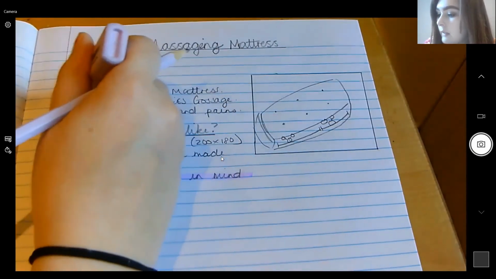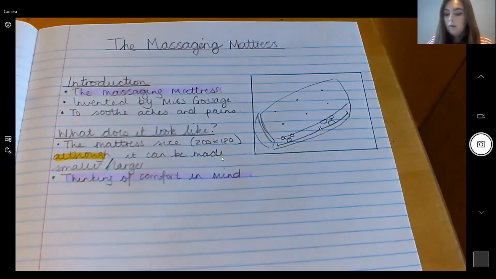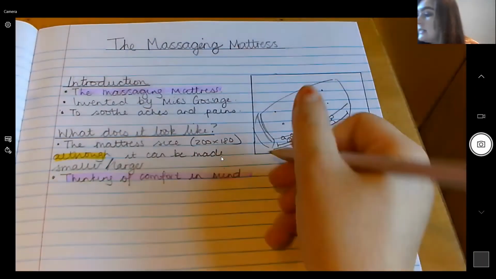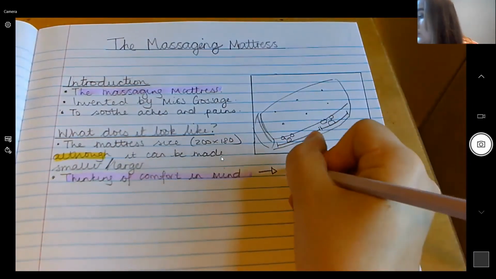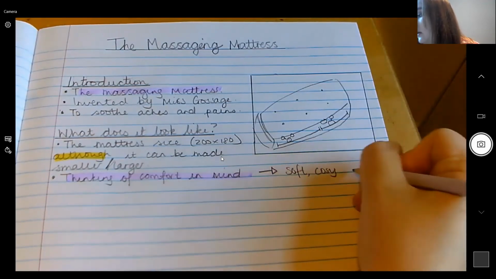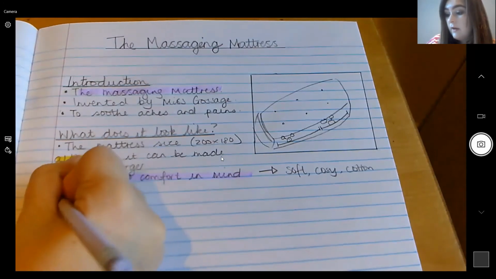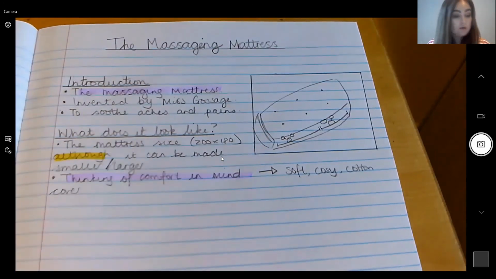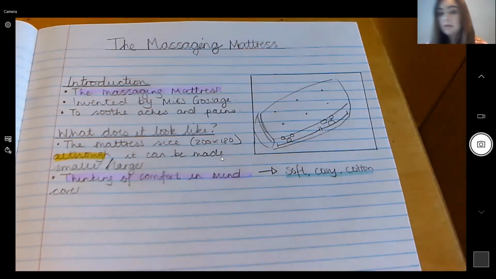I'll also highlight it in the introduction as well, so you can see that there too. Thinking of comfort in mind, and then at this point, I'm going to talk about the soft and cozy cotton cover, because it's covered in cotton. So that there is a power of 3. I will just quickly underline that for you so you can see that there.